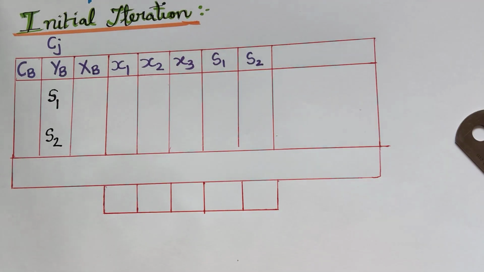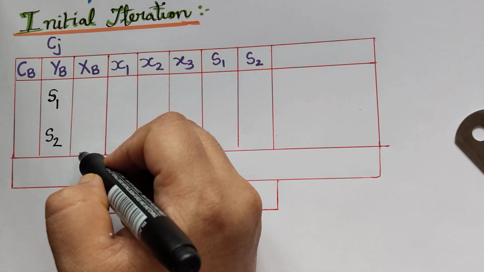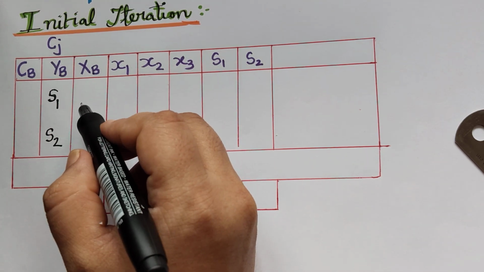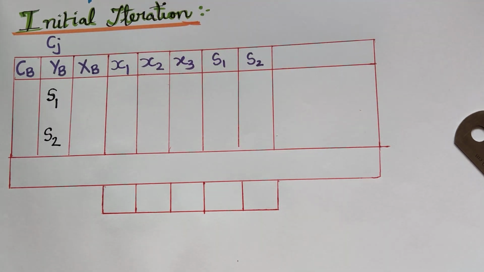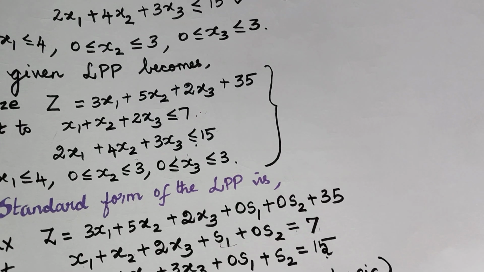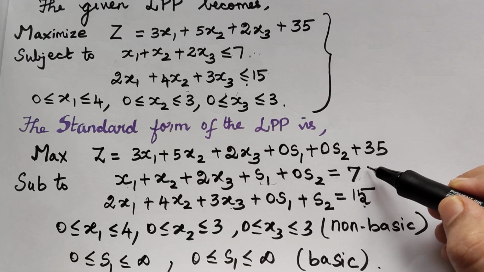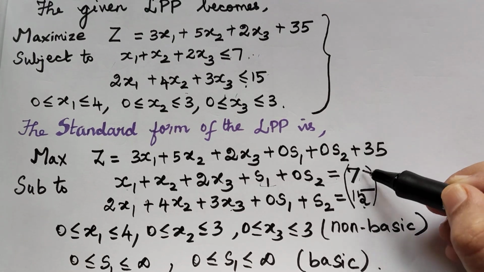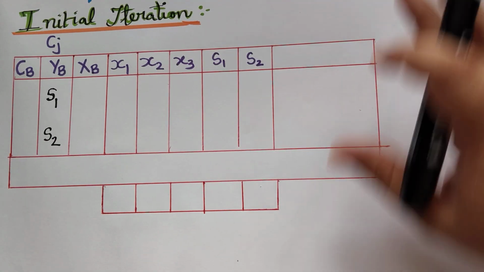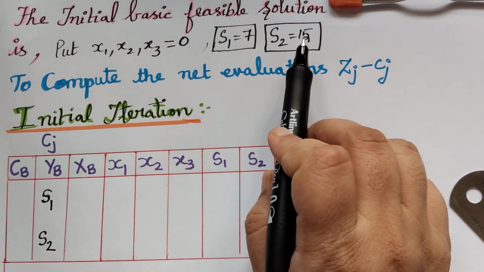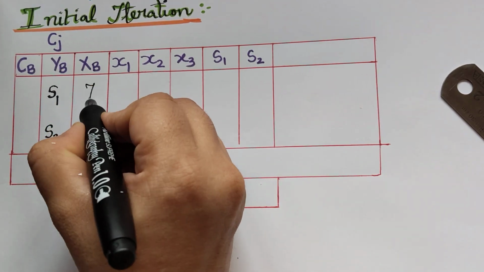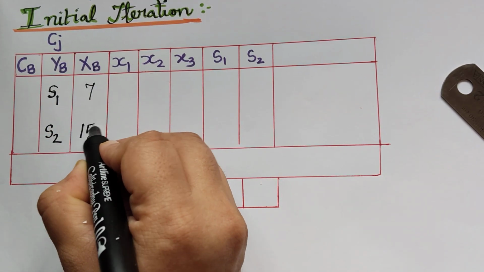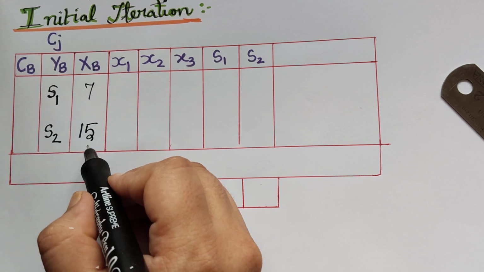XB is the solution space. The initial basic feasible solution we obtained was 7 and 15, so we write 7 here and 15 here, because S1 was equal to 7 and S2 is equal to 15.